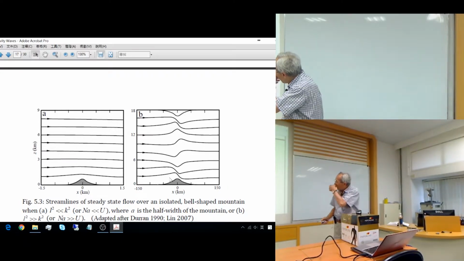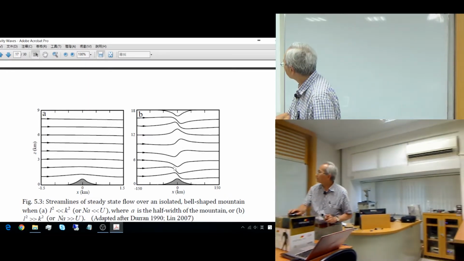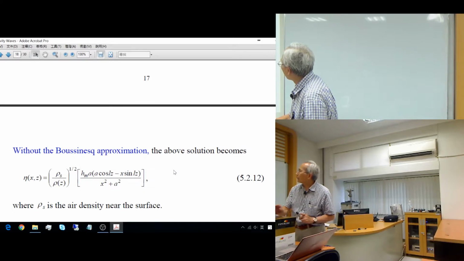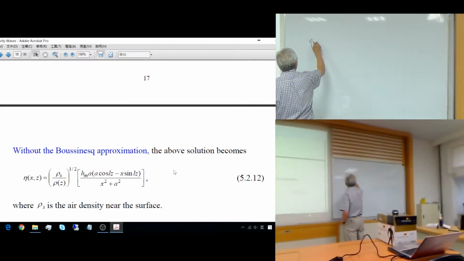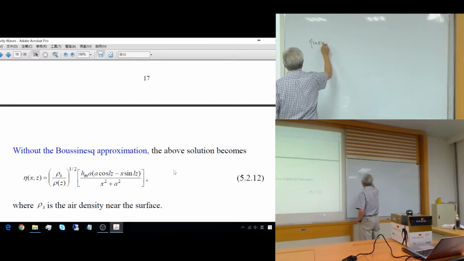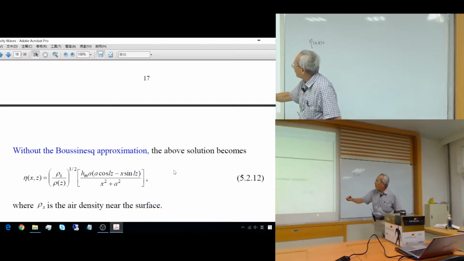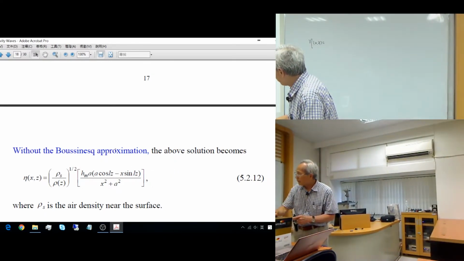So we have the solution, like this, equals to, this one is with a non-Boussinesq, the more realistic flow.